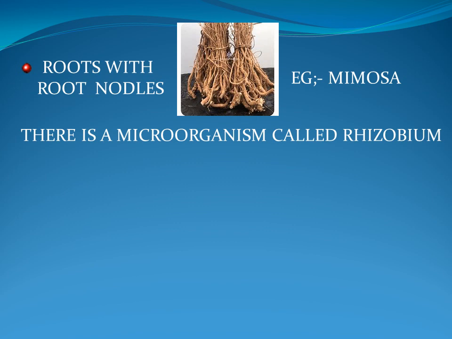The plant with root nodules gives the bacteria space, and the plant needs nitrogen as a main feature to grow. So Rhizobium bacteria give the plant the amount of nitrogen that the plant needs.